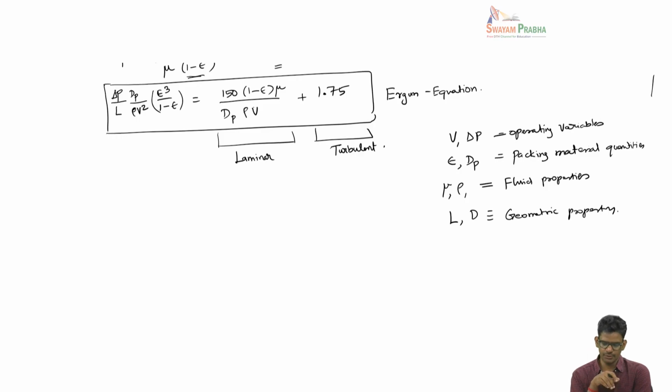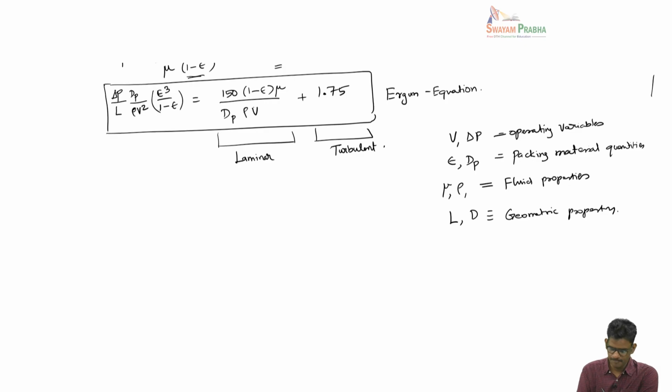In the case of the Hagen-Poiseuille equation, I showed that delta P is proportional to 1 by d square, or 1 by area. But that is for a hollow tube. We can also find some similar or equivalent dependence in this Ergun equation. Let me introduce a new variable here.